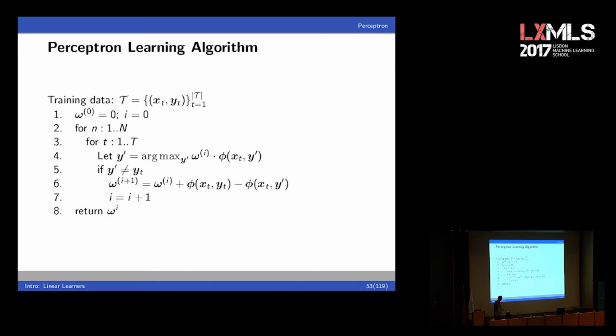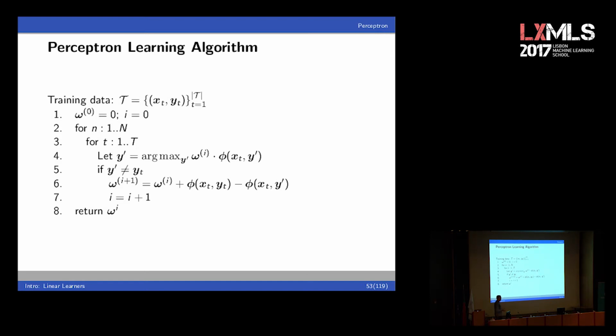What we do is we go for n rounds over our training data. Each round, going over the training data once, is called an epoch. Then the t's are the training data. For each training example, we do a prediction, so we do our argmax. And then we check, did we do it right or wrong?